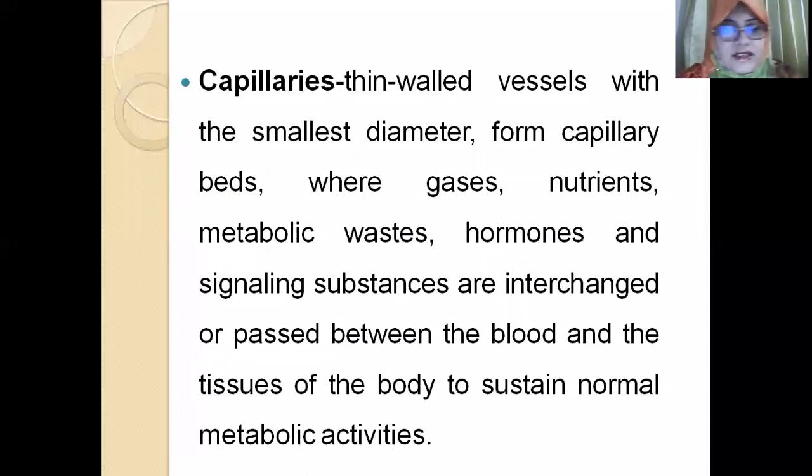Now capillaries. These are thin-walled vessels with the smallest diameter, forming capillary beds where gases, nutrients, metabolic wastes, hormones, and signaling substances are interchanged between the blood and the tissues of the body to sustain normal metabolic activities.